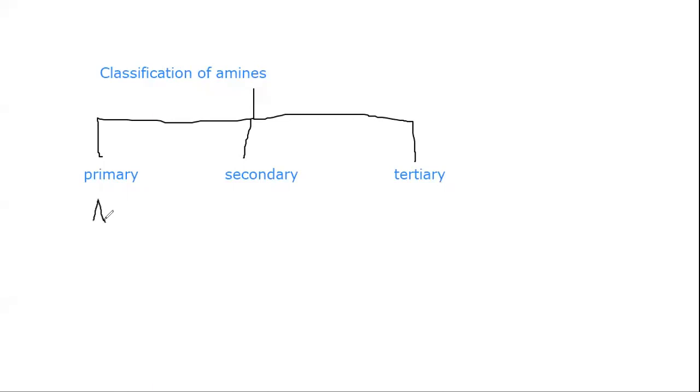If nitrogen is attached to only one carbon group, it's primary. If nitrogen is surrounded with two carbons, it's secondary. If nitrogen is surrounded with three carbons, then it becomes tertiary.